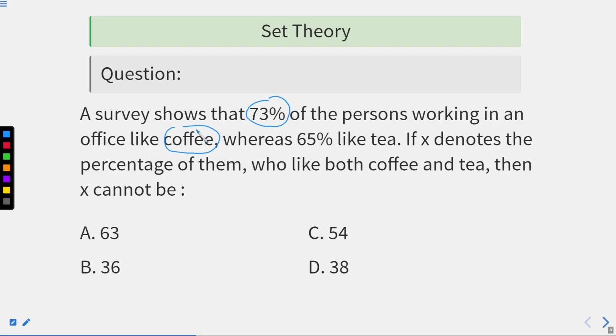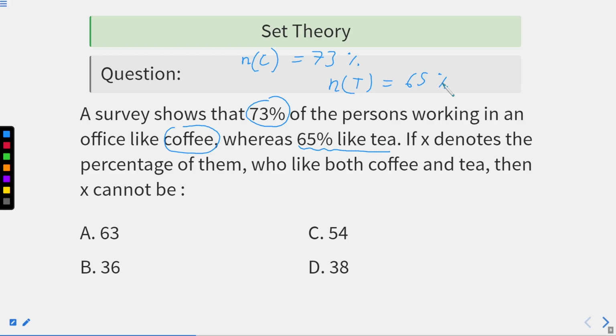Simple, 73%. So the percentage of persons who like coffee is 73%. And 65% like tea. So n(T) is equal to 65%.